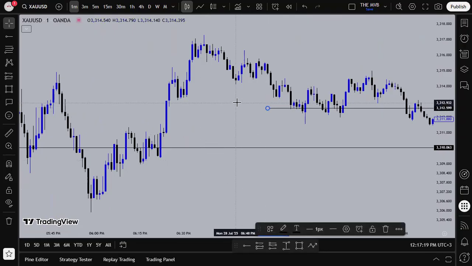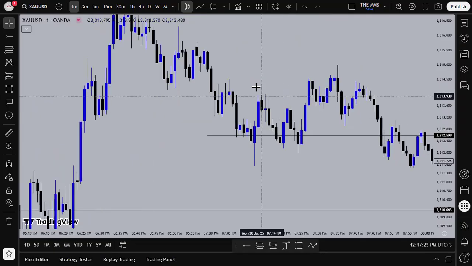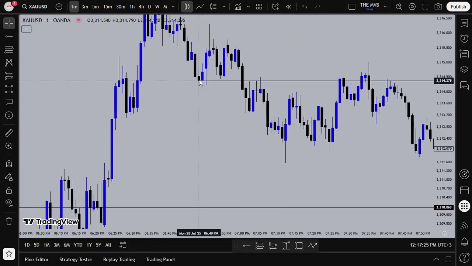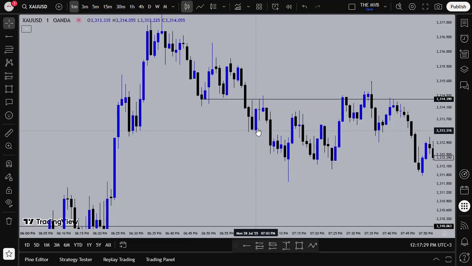And of course, you can see here we have a rounded test entry. You can see here, this is a break of structure. And then we have what? A micro test. When I say micro test, it's just a small movement.